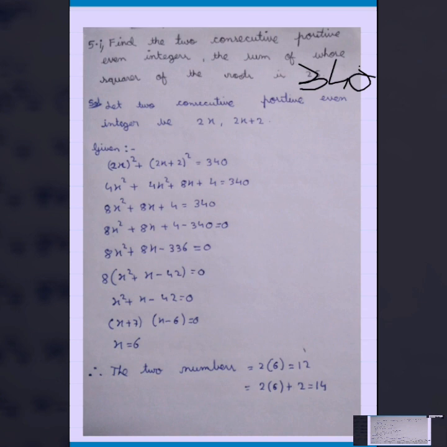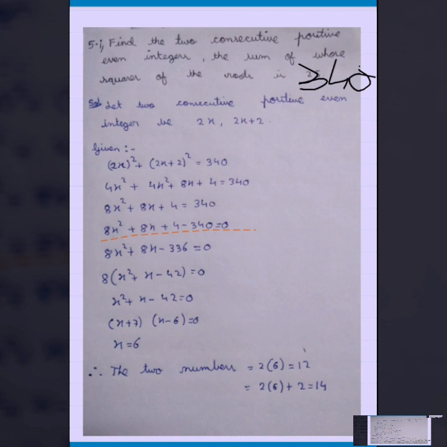So what is (2x) square? 4x square plus (2x plus 2) whole square, 4x square plus 8x plus 4 equal to 340. So adding the above equation, 4x square plus 4x square, 8x square plus 8x plus 4 equal to 340. So 340 we are bringing towards the left side, then it becomes minus 340.